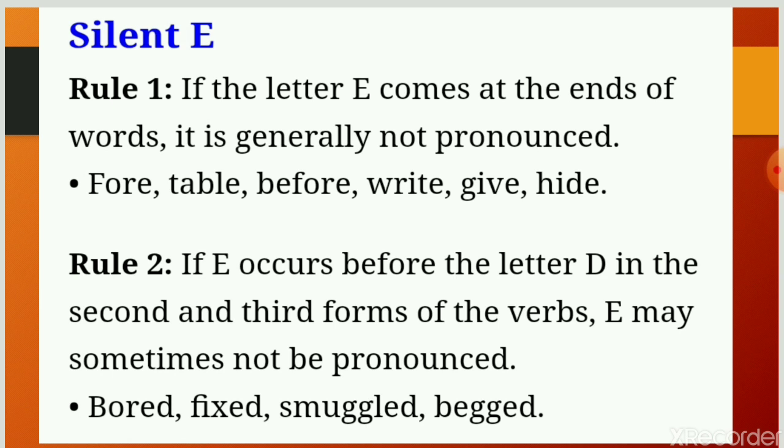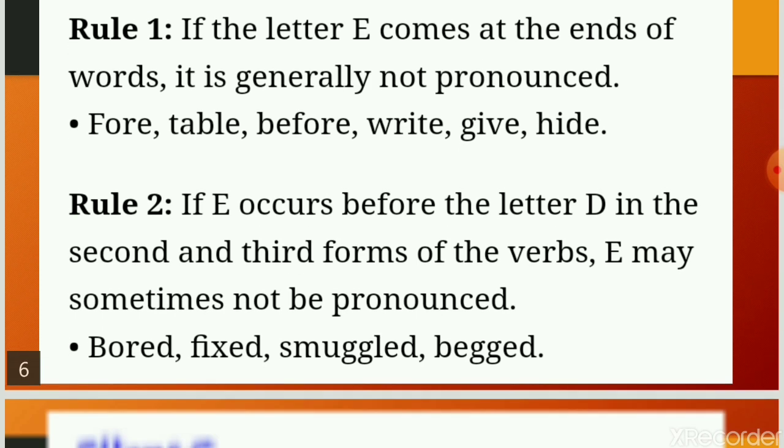We have to mute that letter E. See the examples: bored, fixed, smuggled, baked. These are some examples to understand better exactly what the rules are and how to implement them.